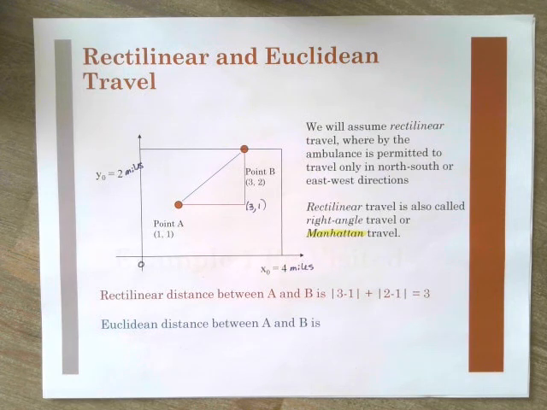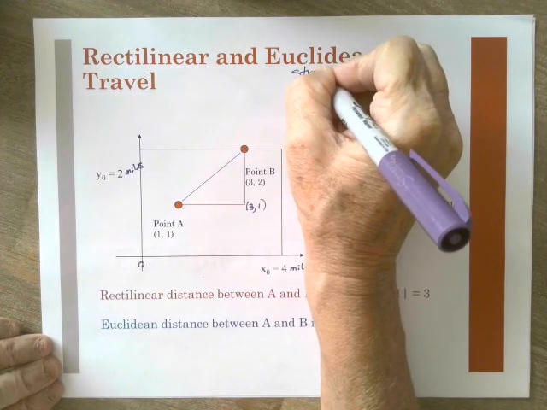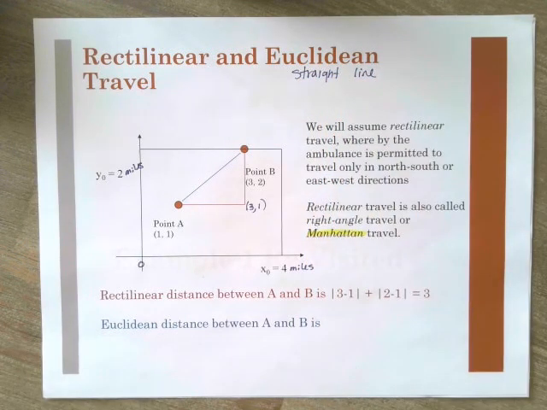Euclidean distance is the straight line distance between two particular points. So whenever you see the word Euclidean, think of it as just the straight line, like as the crow flies, as they say, or as a plane might go, for example. So what's the Euclidean distance between A and B?